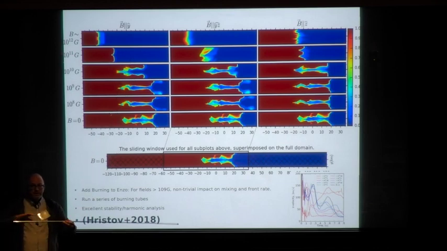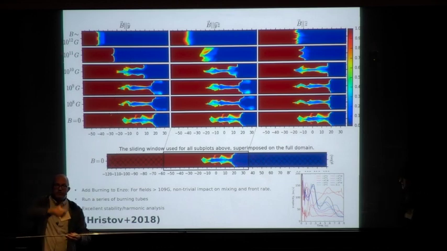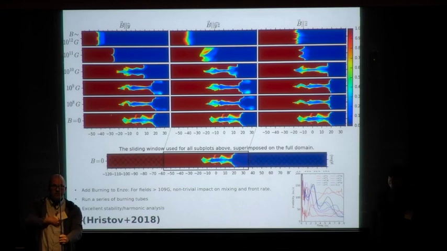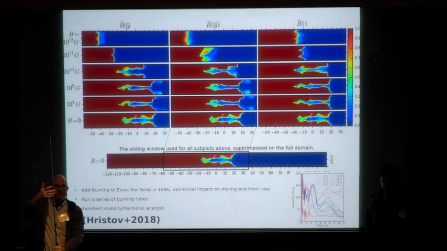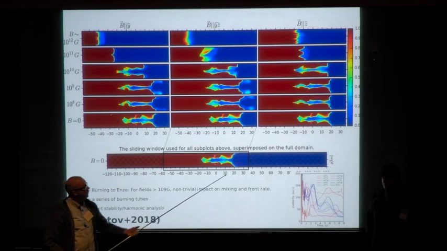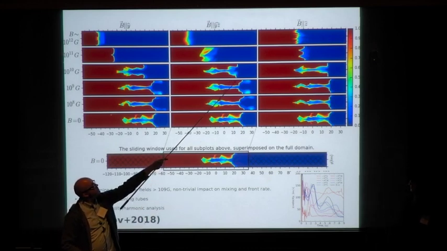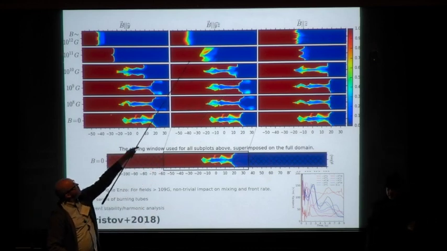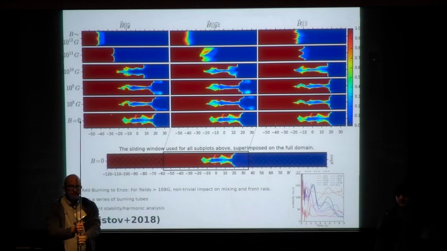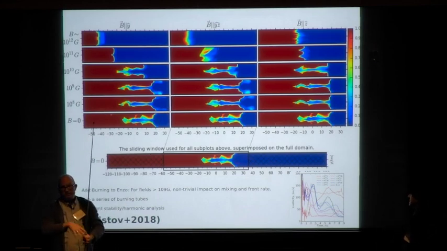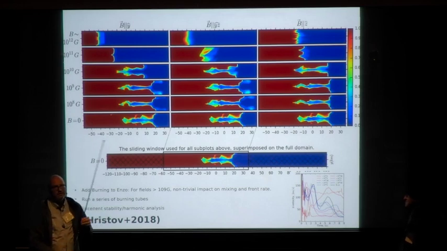So the Rayleigh-Taylor will grow in that direction. If I have a field along this direction, it doesn't suppress the growth at all. But it does, interestingly, suppress the burning. So I keep this very corrugated magnetic field front, which winds up accelerating. So the very strong one goes very fast. But for this one, the field is in the plane of the supernova. It suppresses Rayleigh-Taylor, just because of the magnetic tension.